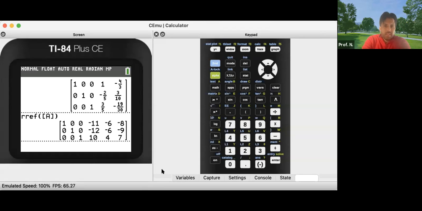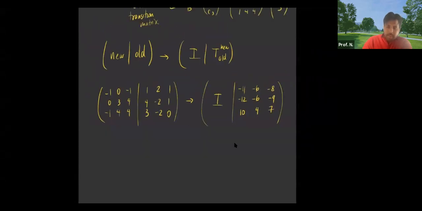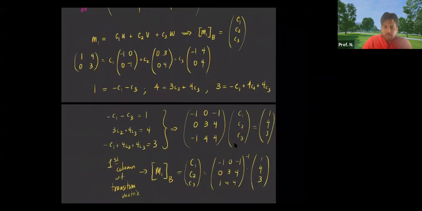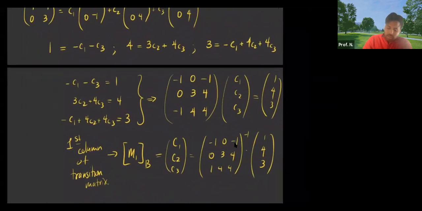So just to make sure we're not doing anything crazy, just make sure we're not saying anything that's nonsensical here. What I'm also going to do is solve this and find what this is.